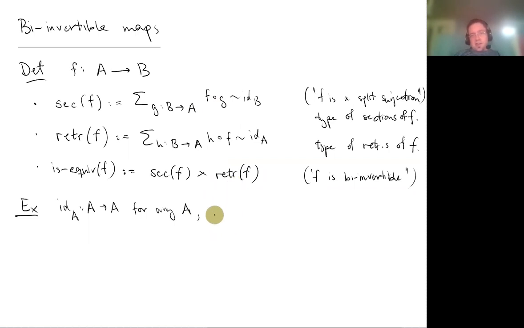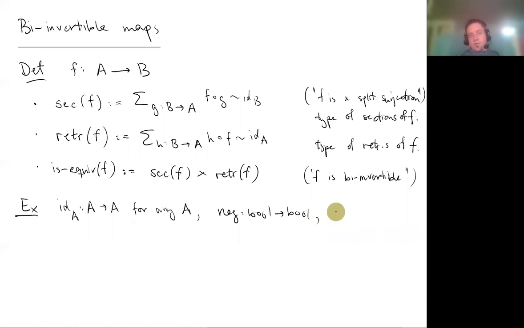You can also easily check that negation on the Booleans is an equivalence, because we can use itself as both the section and the retraction, because we verify that negation after negation is homotopic to the identity on the Booleans.